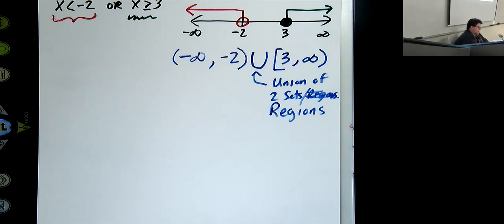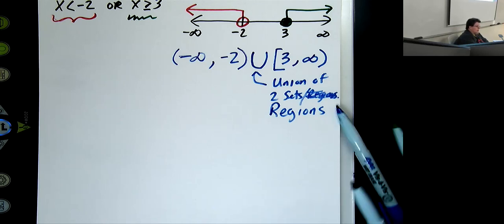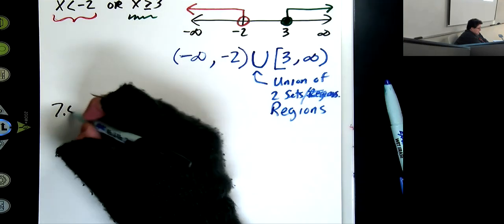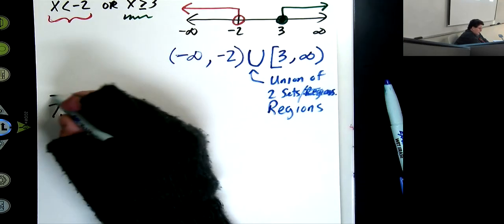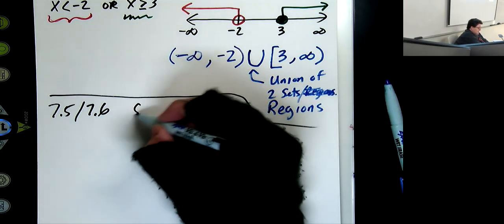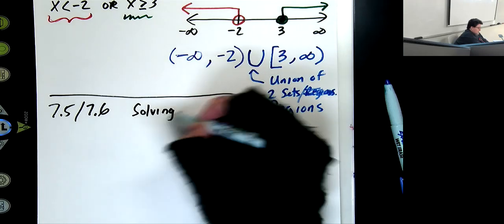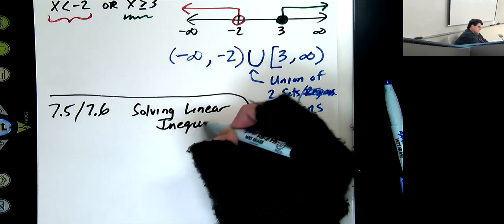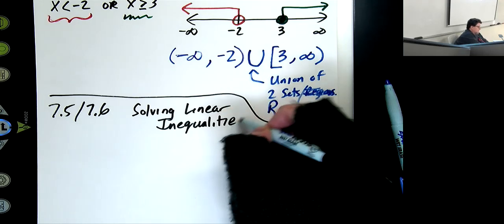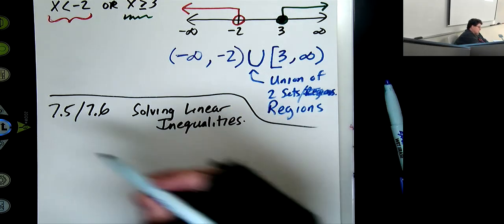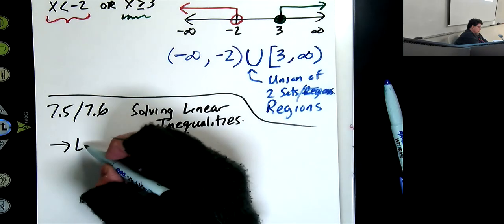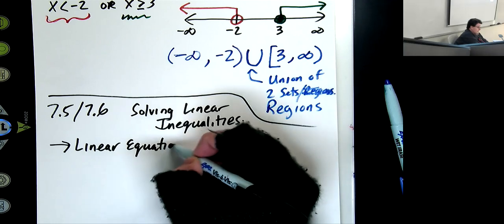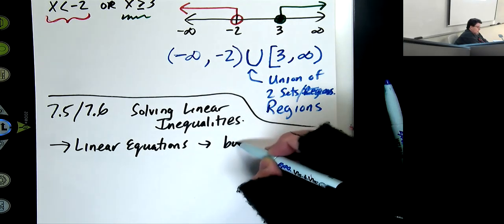All right, so 7.5 and 7.6 are on solving linear inequalities. So these are just like doing the linear equations, everything we've been doing so far, but with an inequality symbol.